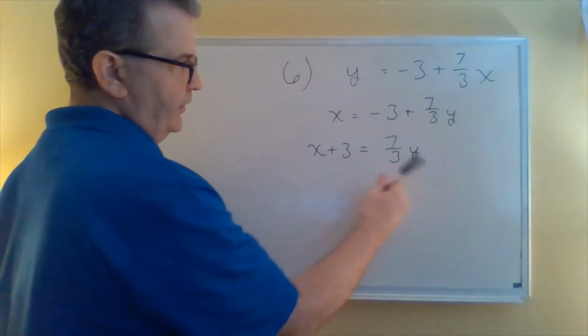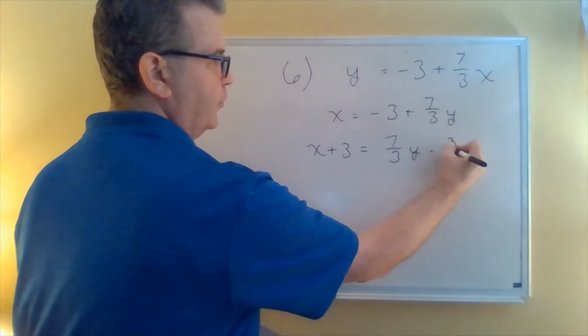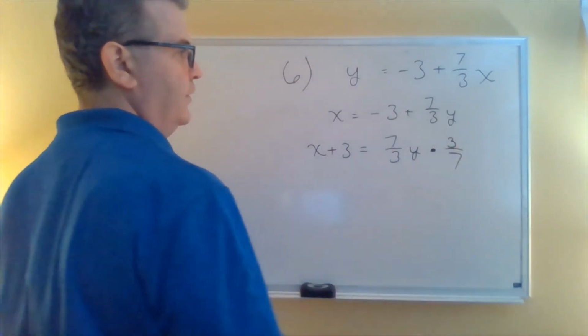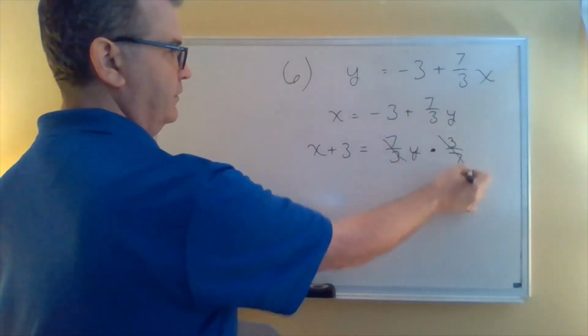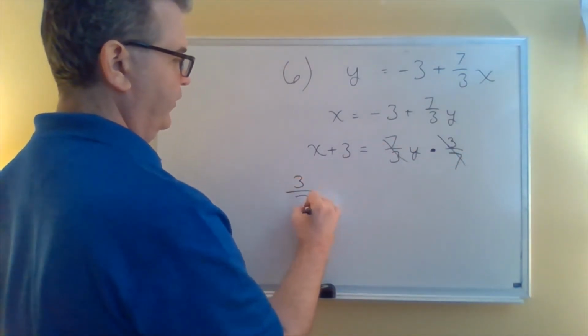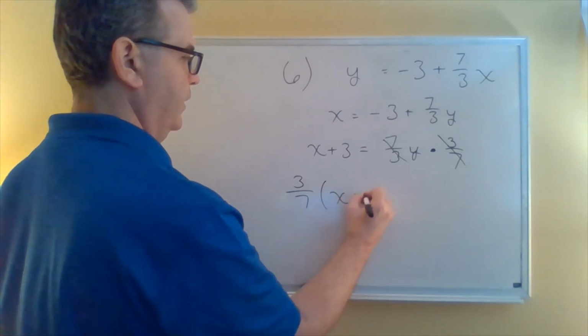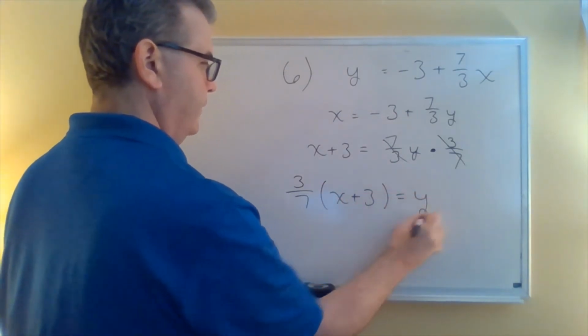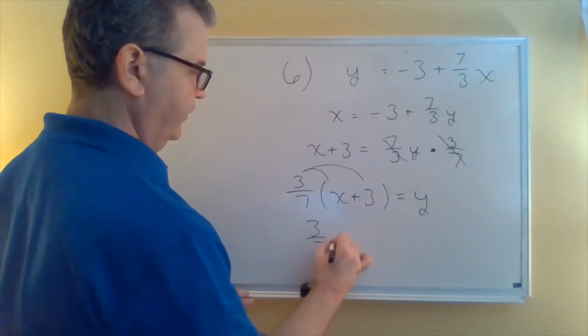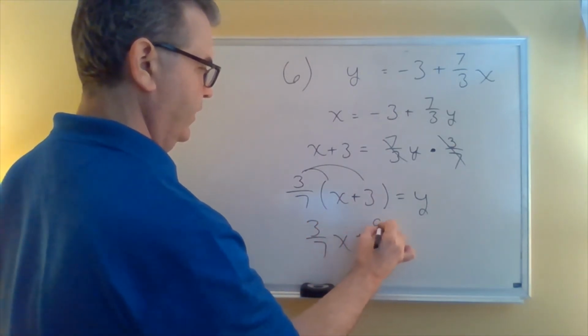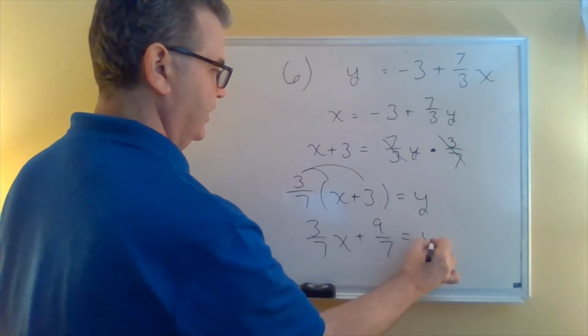To get rid of this fraction over here, I'm going to multiply by its reciprocal. So 7/3 y times 3 over 7, those cancel out. But I have to multiply my left side by 3 over 7. Distributing that through, I'll end up with 3/7 x plus 9/7 equals y.